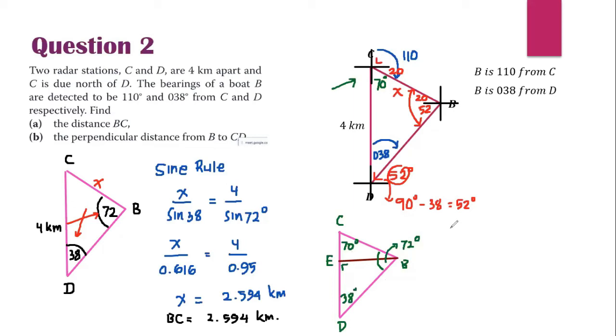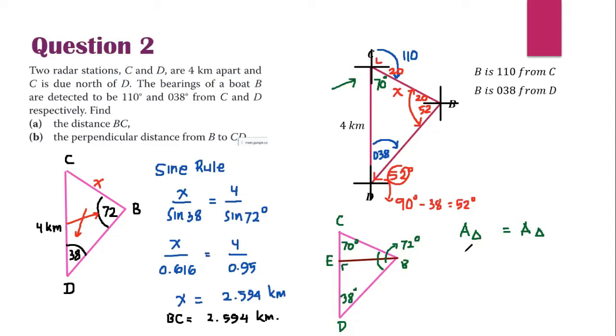The easiest method to answer this one is to use the area of the triangle. Area of the triangle equal area of the triangle too.